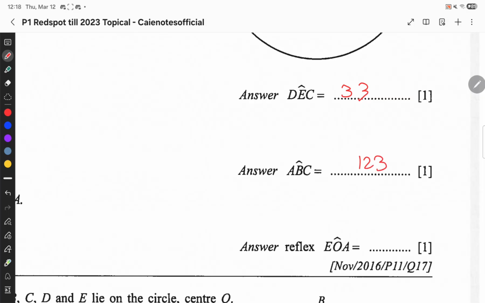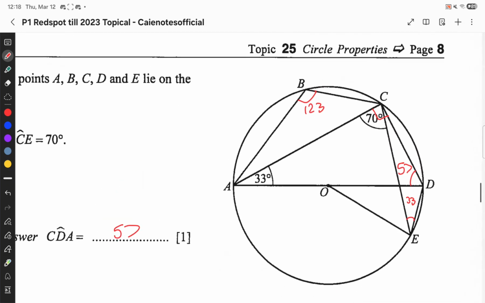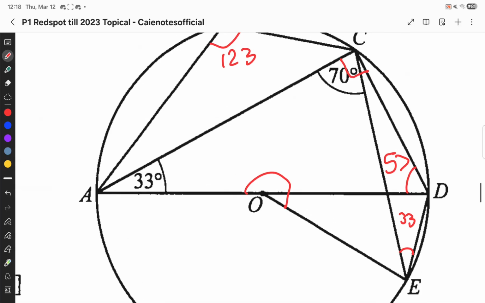The reflex EOA. Why did I put reflex? Because your reflex was this. No, the answer is, we can find this by doing the angle at center and then 360.